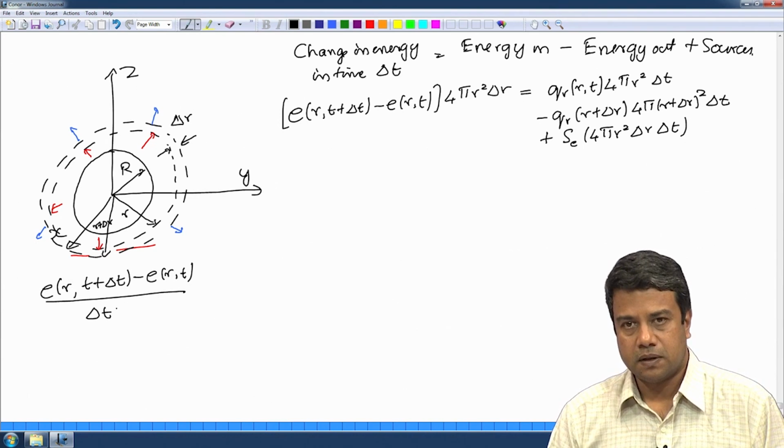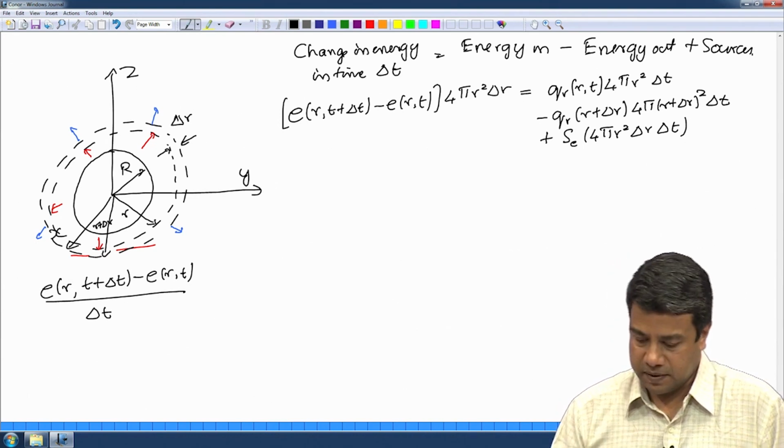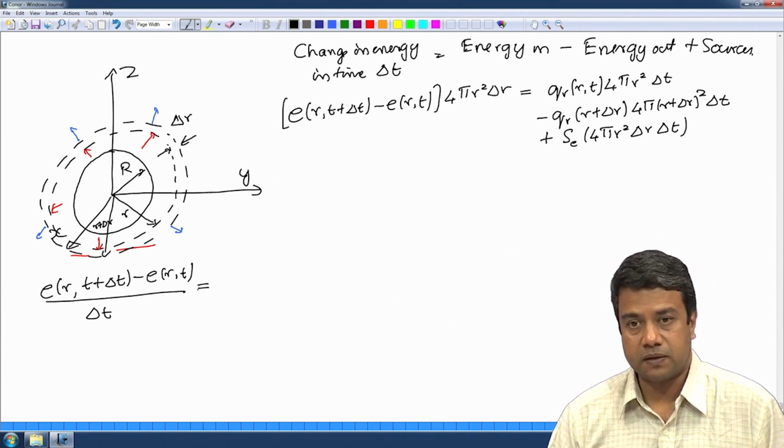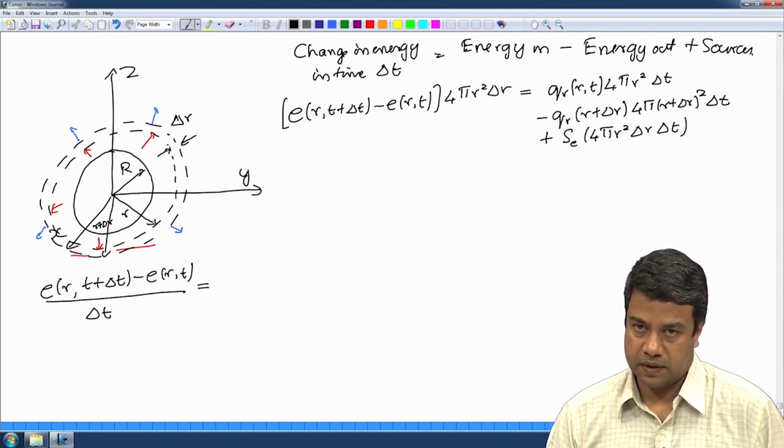Now, for these flux terms I have to be a little careful. I have to divide throughout by volume and by time.